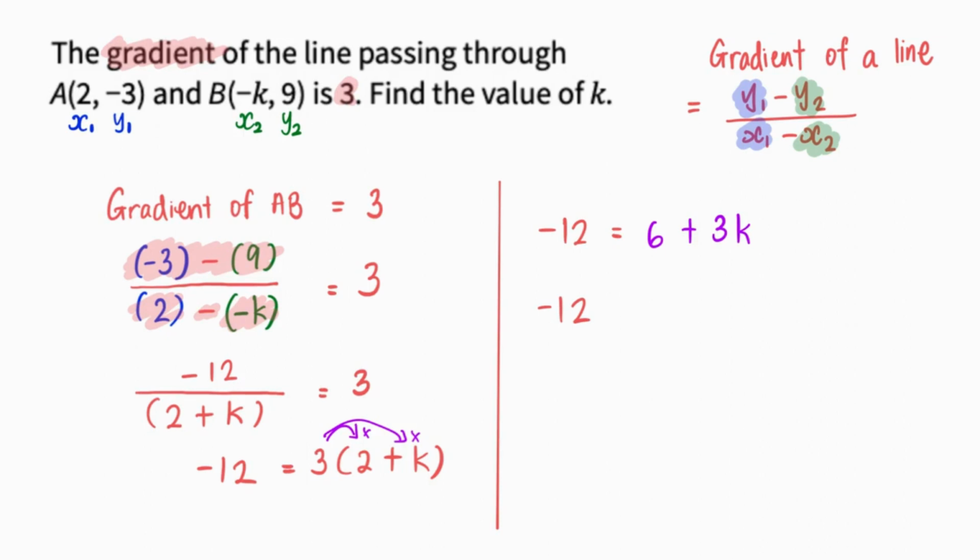Next, let me just choose a black color. So I'm going to minus 6 on both sides, so that I will have negative 12 minus 6. 6 minus 6 will be equals to 0, so don't need to consider further, and I'm still left with my positive 3k there.